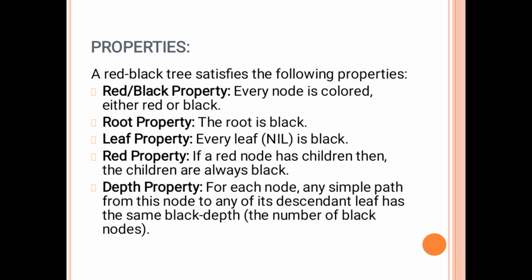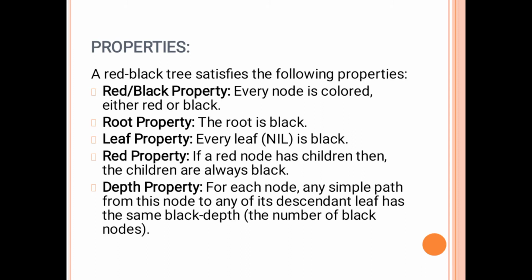Last property: for each node, any simple path from this node to any of its descendant leaves has the same black depth. Here we go to the leaf nodes and calculate the height of the tree.